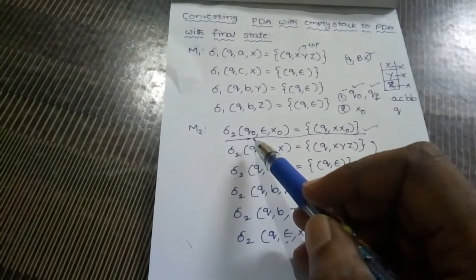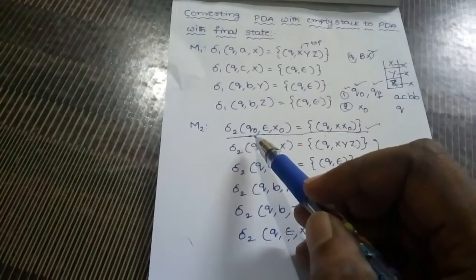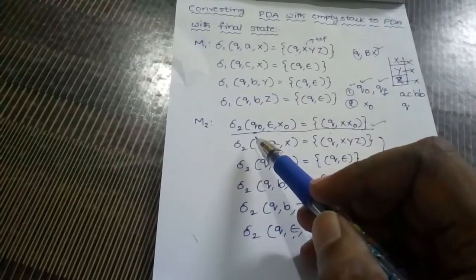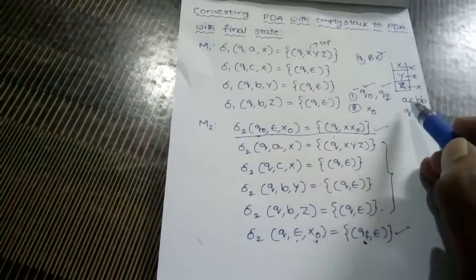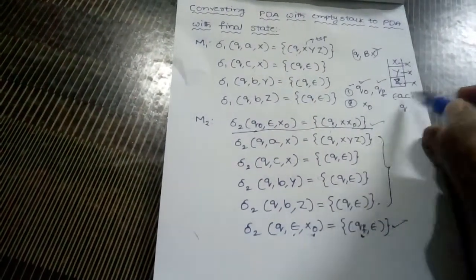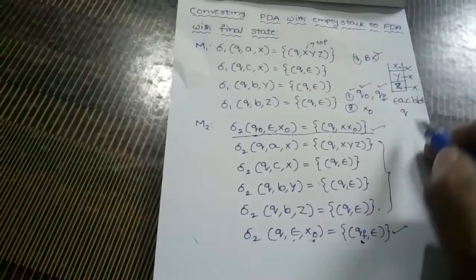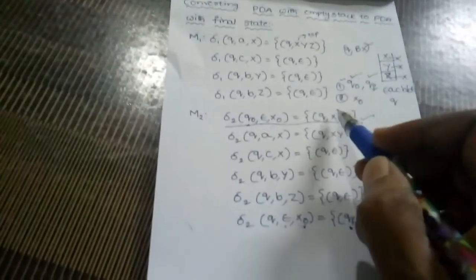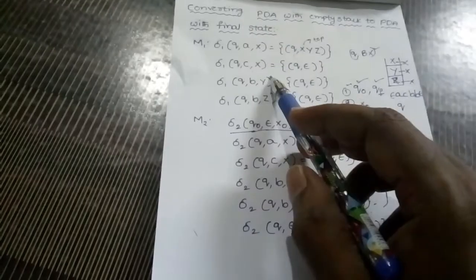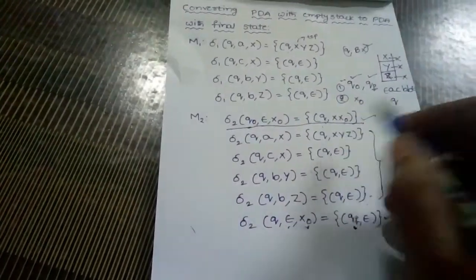One is delta 2 of Q naught comma epsilon, because of the initial state Q naught, and before A we are taking epsilon for processing. Q naught comma epsilon comma the initial top of the stack X naught, then we are adding this X, the initial top of the stack for the given PDA.